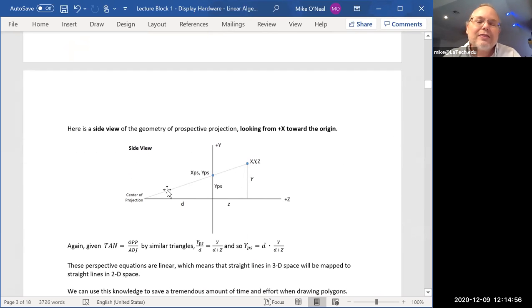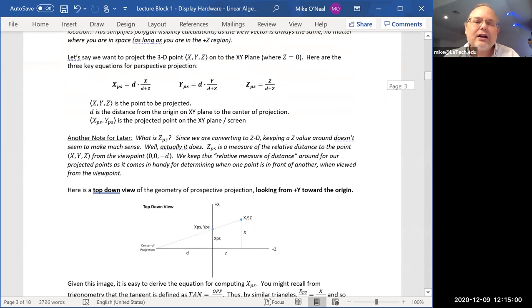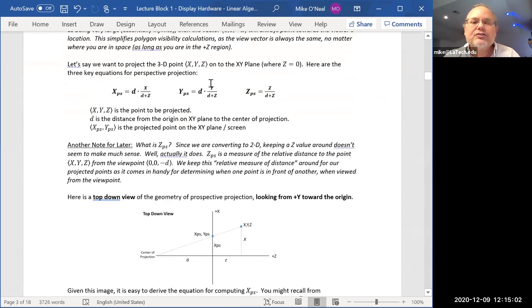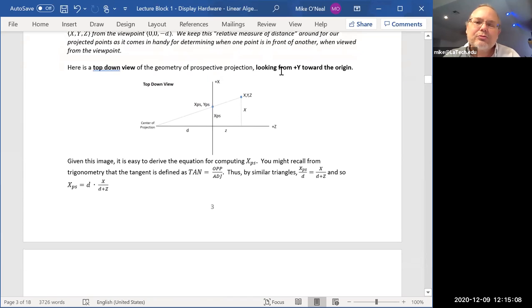Okay. So that's where these little formulas come from, just from basic trigonometry. And what we're doing, remember, is we're taking these 3D objects and we are projecting them onto the display screen, which we're mathematically modeling as the XY plane where Z equals 0.